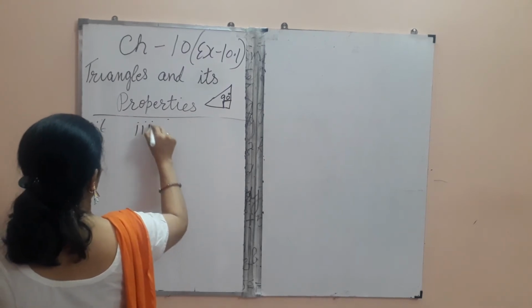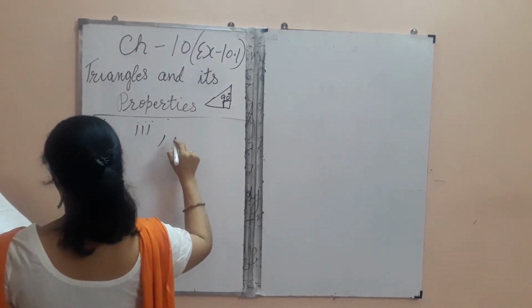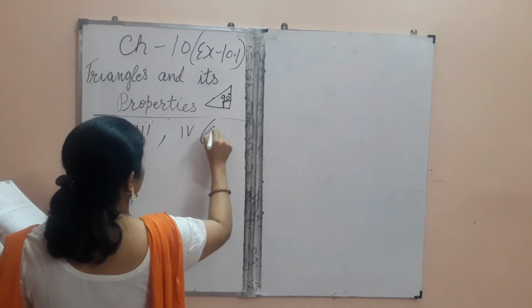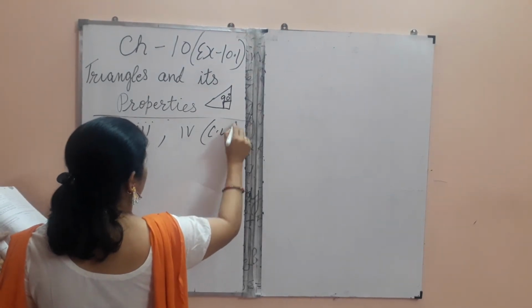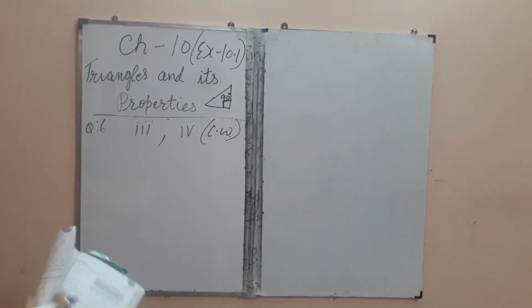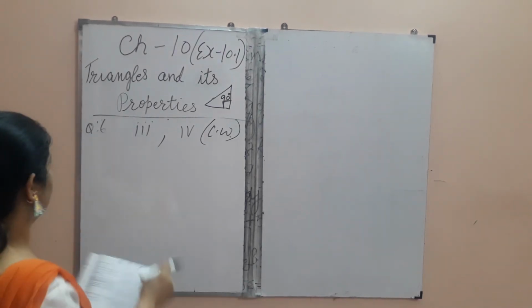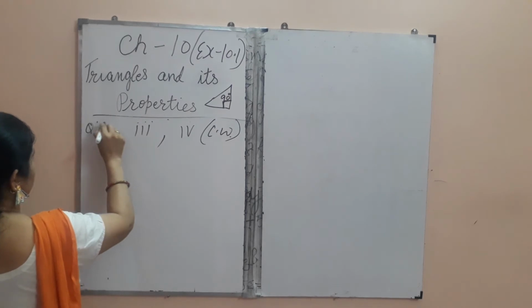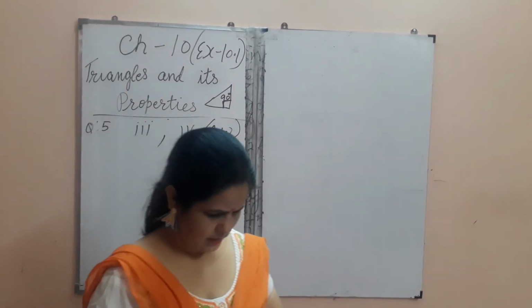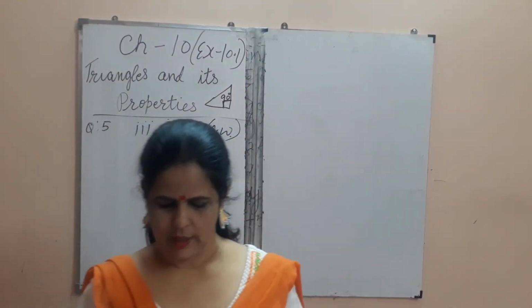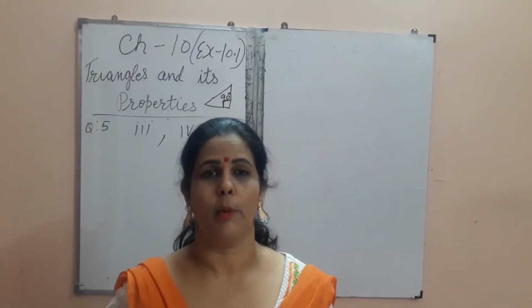Third and fourth in CW. Now come to the next question. Question number 5. This is question number 5. Now question number 6: is it possible to have a triangle with the following properties?